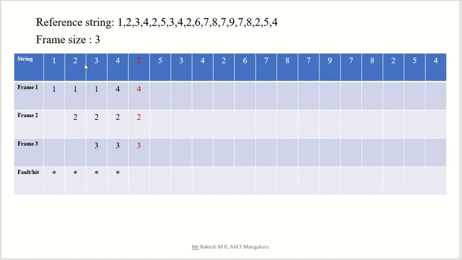We have to see which one came first out of 4, 2, 3, and replace that. But while doing this, we have to avoid the page hit column. Very, very important. Don't consider it while seeing which one came first.